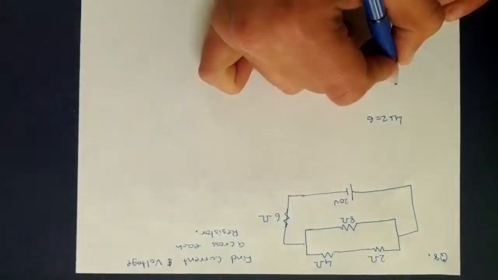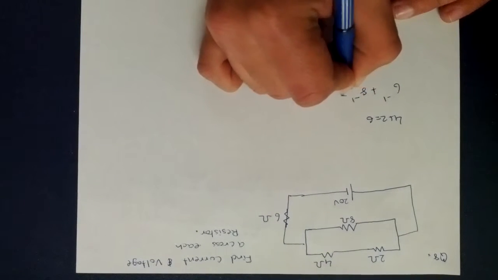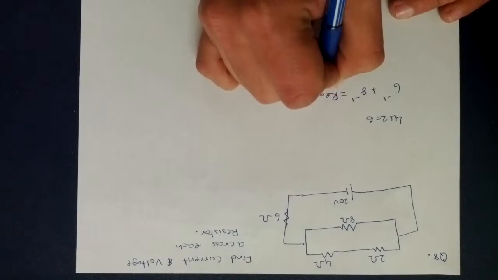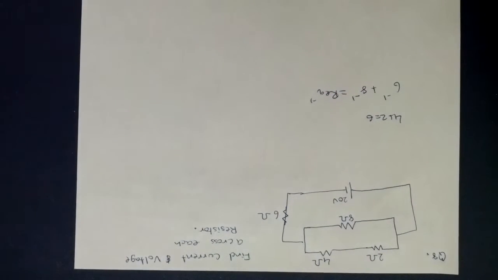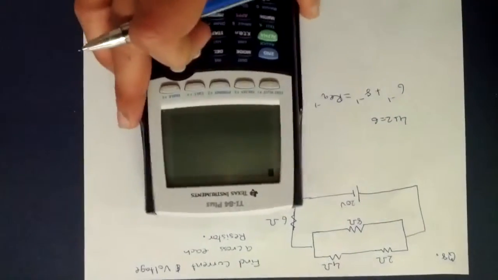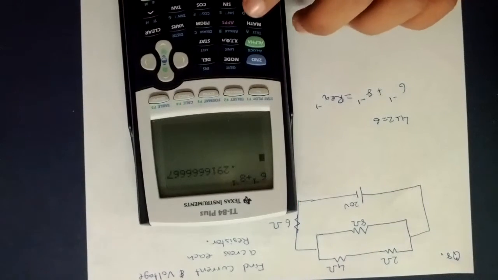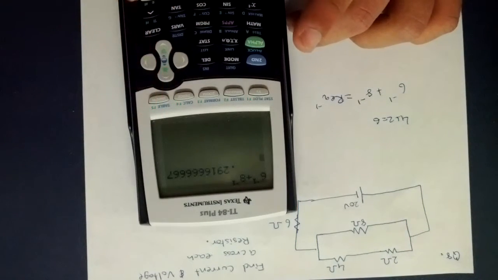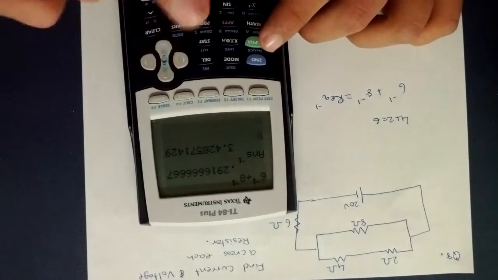Now this and this are parallel. So you would do 6 inverse plus 8 inverse equals Req inverse. Using our calculator, 6 inverse plus 8 inverse equals that big number, and we want Req, so we take the inverse of that, and we get a big number.